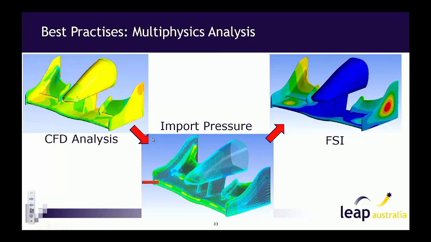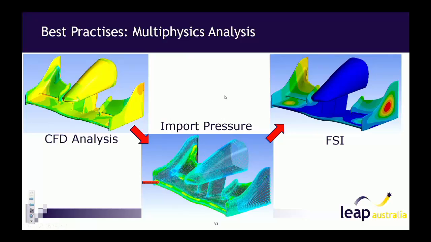And then another thing that ANSYS does really well is multiphysics analysis. These composite layups, I showed you it in mechanical, but it's also going to be compatible with CFD analysis. We can do our CFD, import those pressures, and we've got an FSI of our front wing. So we can understand the stresses that are going to be on our aerodynamic surfaces due to the actual loading.